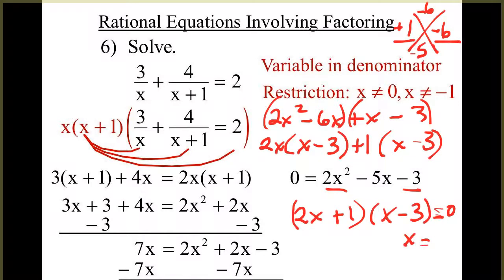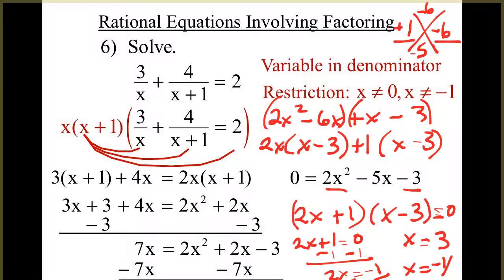And this one, x equals 3. Over here, 2x plus 1 equals 0. Subtract 1. 2x equals negative 1. Divide by 2. x equals negative 1/2. So my two solutions are these right here.